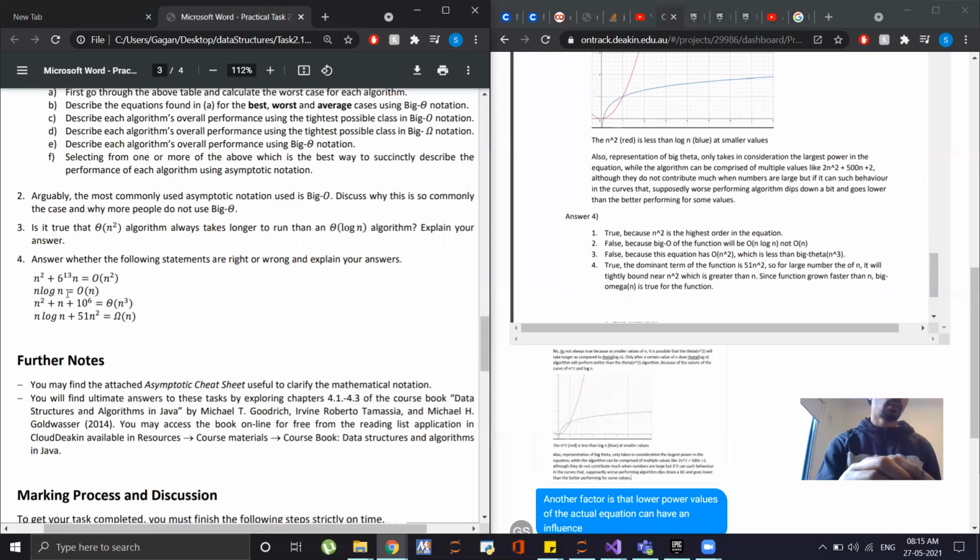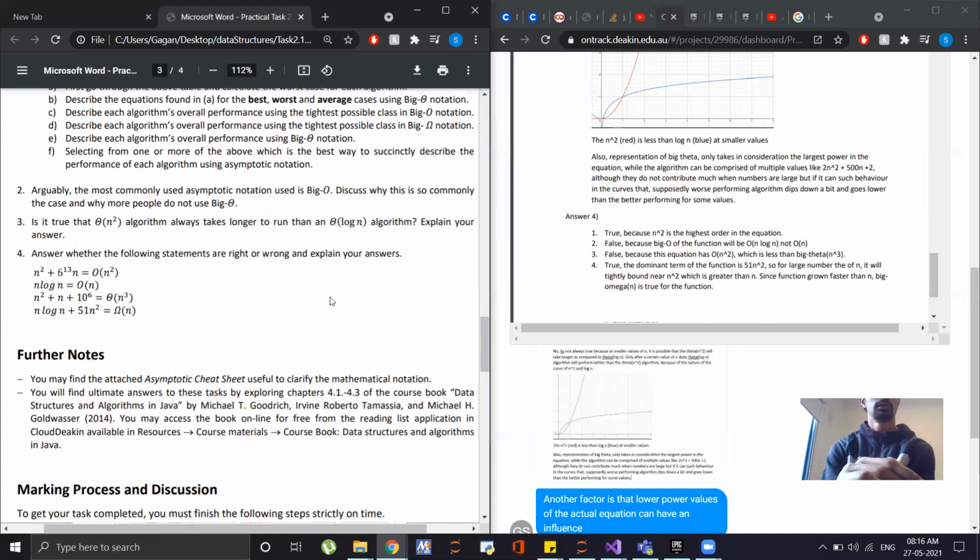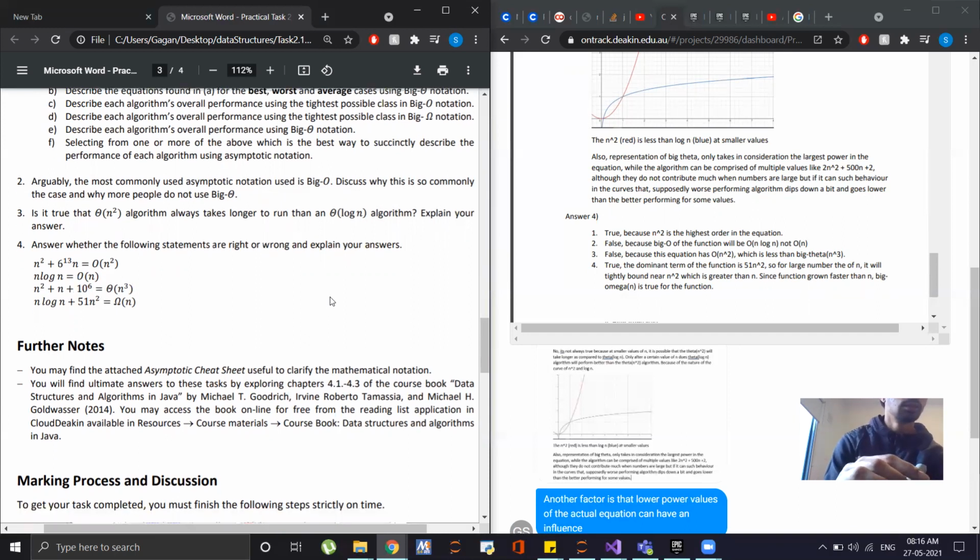So hence it's false. N square plus n is n cube? No, that's false. If it is true, then it would be n square, but we're not sure. We also need to see what the lower bound is. N log n is omega of n?